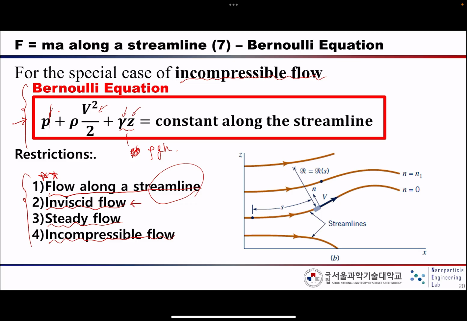When you recall the derivation, in the surface force part we do not consider the viscosity, so the Bernoulli equation can only be used in inviscid flow. For steady flow, we do not consider time, so the flow does not depend on time. If the flow depends on time, we call that unsteady flow or transient flow.